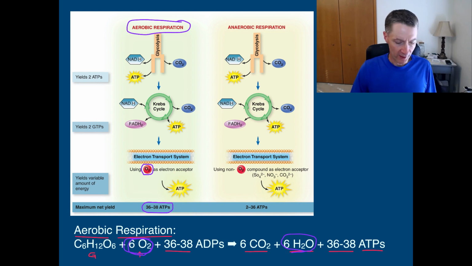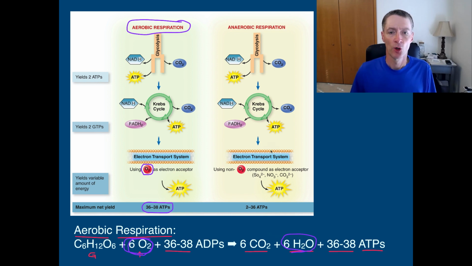Now, there are examples where oxygen is not the final electron acceptor. This is what we call oxygen in aerobic respiration. It is the final molecule that's taking on electrons that have been released through this oxidation process and makes water out of that.